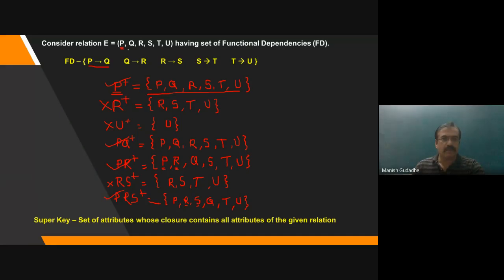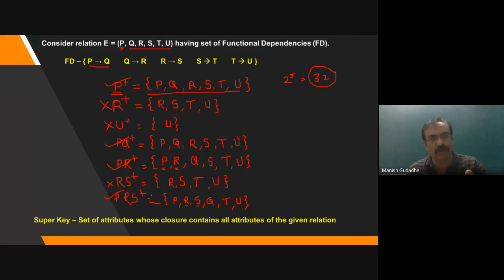It is possible. So I am taking P as constant and just finding out the combinations of Q to U. So it will be 2 raised to power 5. Nearly 32 combinations are possible with this, like PRS, PST, PTU, that kind of combinations I'm talking about.